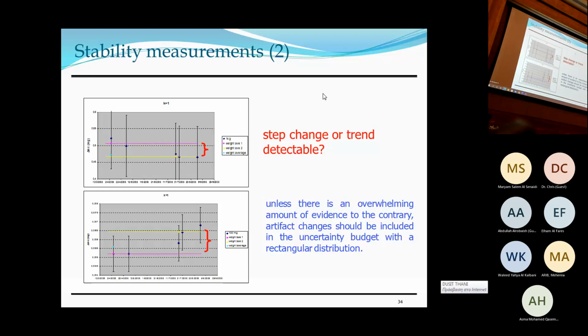But in principle, if someone saw this type of variation with time, you can say, oh yeah, it fits nicely to an exponential, or something of that sort. So that's one point that I want to make. You have to be careful and you have to consider things when you're looking at ILCs and the results. It's not just a recipe, I do this, I do that, and I finish.